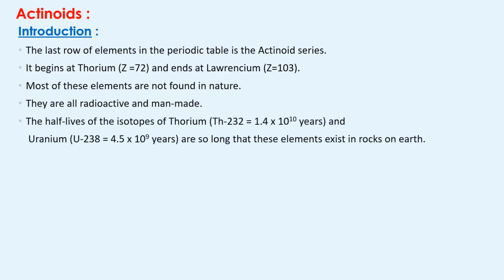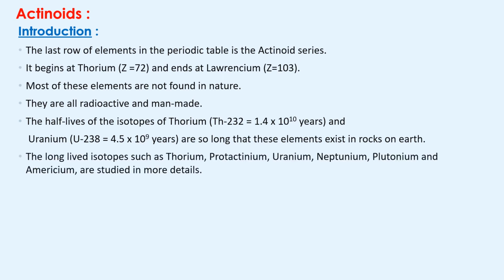Next, the half-life of the isotopes of thorium is 1.4 × 10^10 years, and that of uranium is 4.5 × 10^9 years, so these elements exist in rocks on earth.